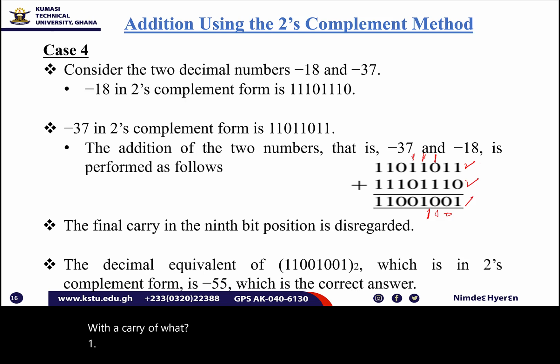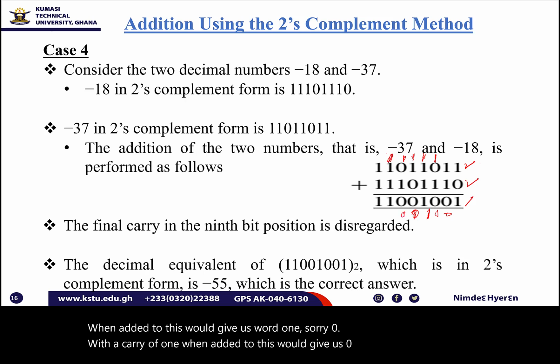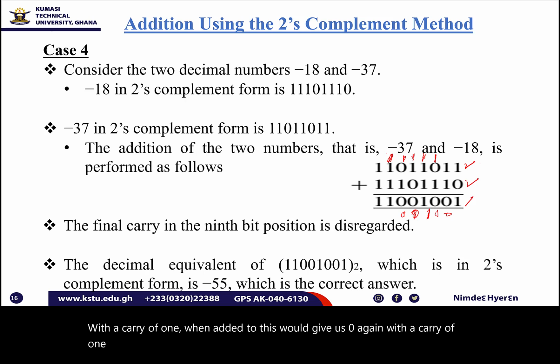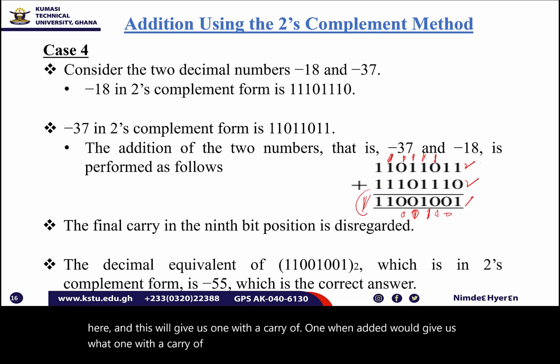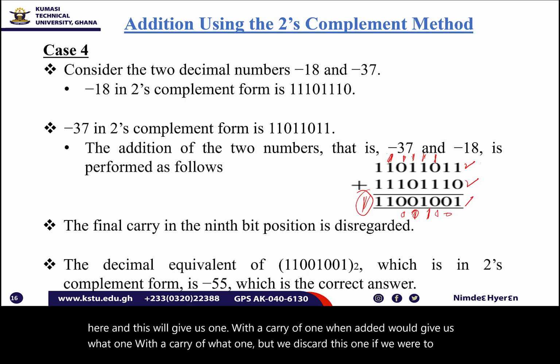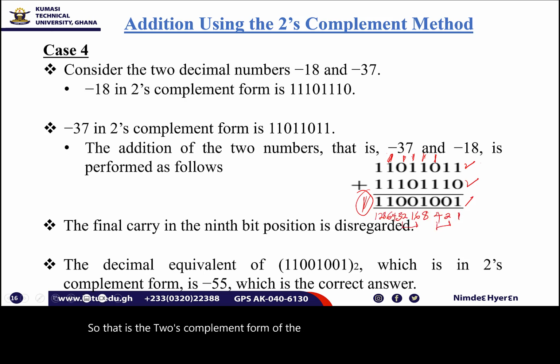When added to this would give us what? 0 with a carry of 1. When added to this would give us 0 again with a carry of 1 here. And this will give us 1 with a carry of 1. When added will give us what? 1 with a carry of what? 1. But we discard this one. If we were to maintain the 1, then in our final binary equivalent of these large numbers, okay?